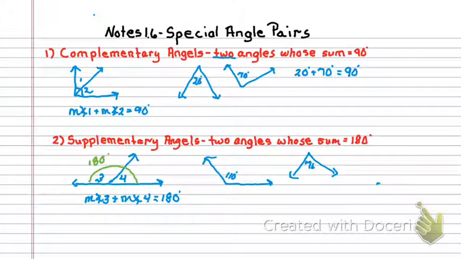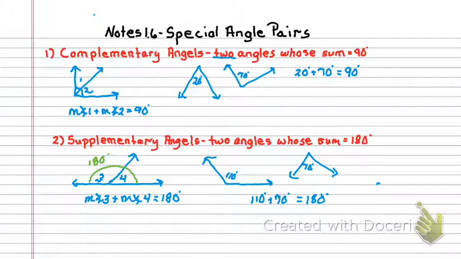I can't get a 70-degree angle to look good here. So 70 degrees. And if I would take the 110-degree angle, add to it the 70-degree angle, that would equal 180 degrees. So I would say that those angles are supplementary.